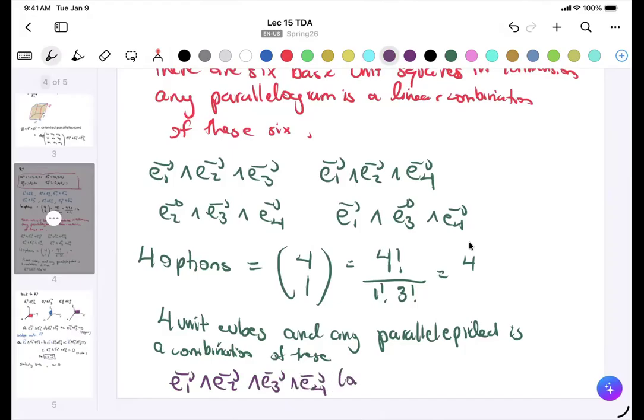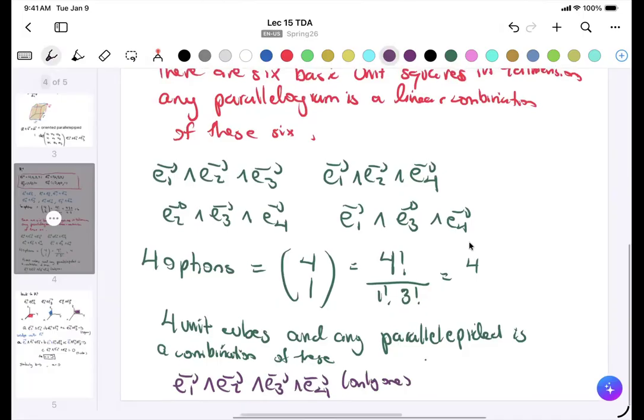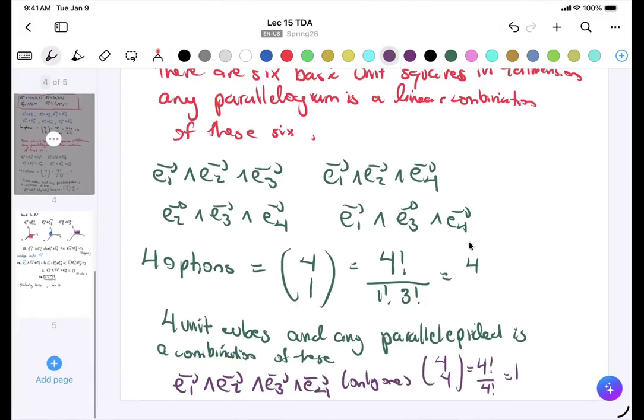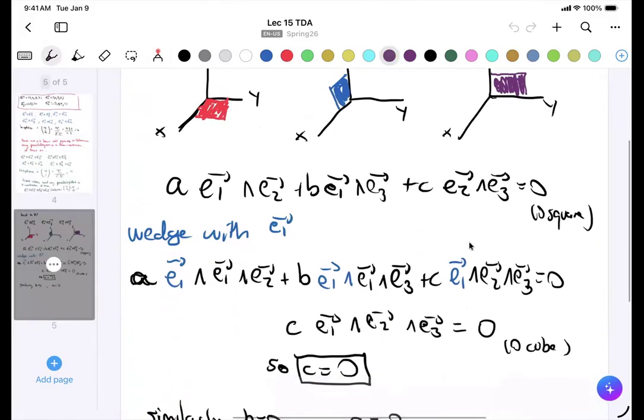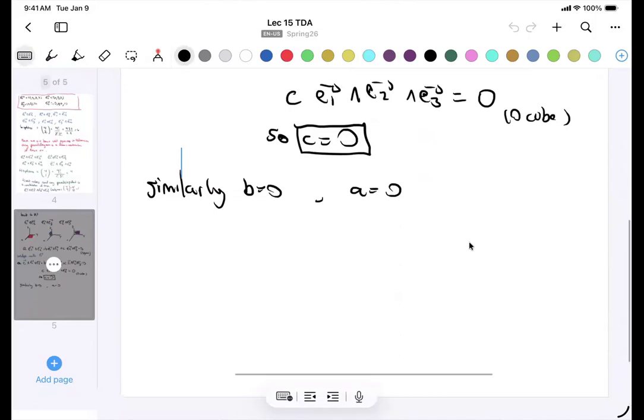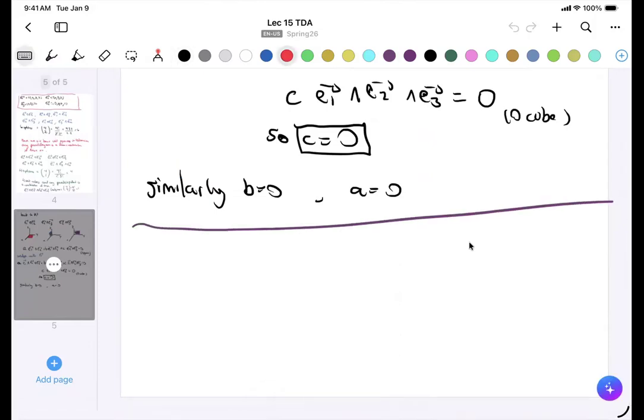Only one, because any other possibility is plus or minus this one, depending on the number of permutations, how many swappings you do. So that's 4 choose 4, which is 4 factorial over 4 factorial, which is 1. So in fact, the general formula is that if you have on Rn, right? So this is the general formula for Rn.